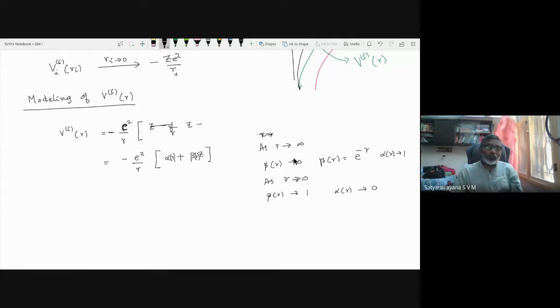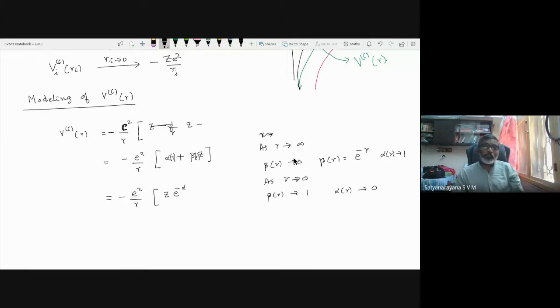So I can write this as minus e square by r into Z into e to the minus some constant you can have.